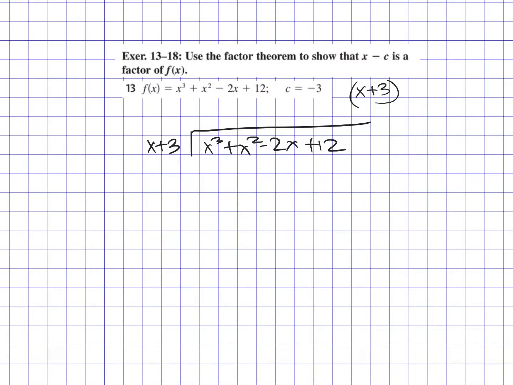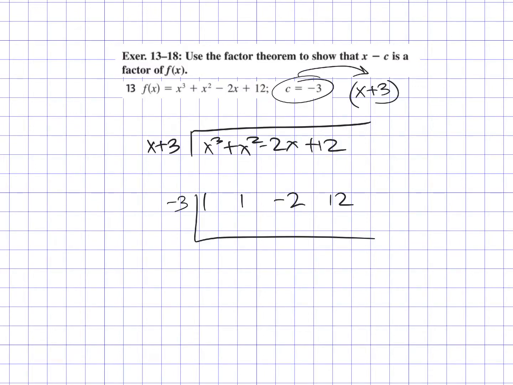You could do synthetic division, okay? Synthetic division, again, is 1, 1, negative 2, 12, and we're going to use negative 3 here. Watch how all of this plays out and how everything is written, as in factored form.